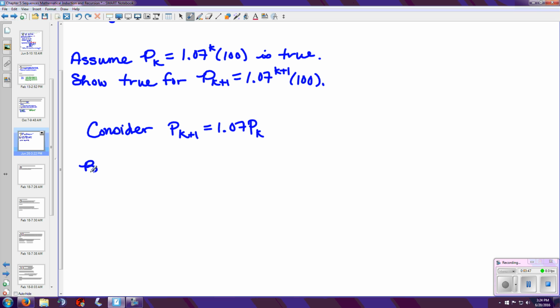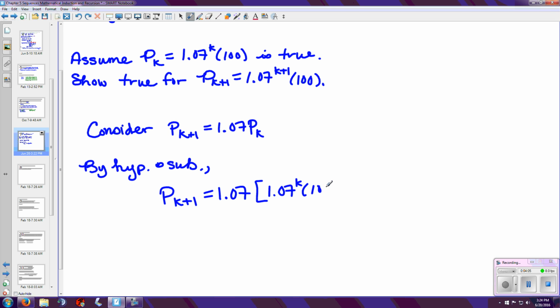So by hypothesis and substitution, we have P sub k plus 1 equals 1.07 times 1.07 to the k times 100, which if we simplify, well, this is all multiplication, 1.07 times 1.07 to the k is 1.07 to the k plus first, times 100, which is what we were trying to show.